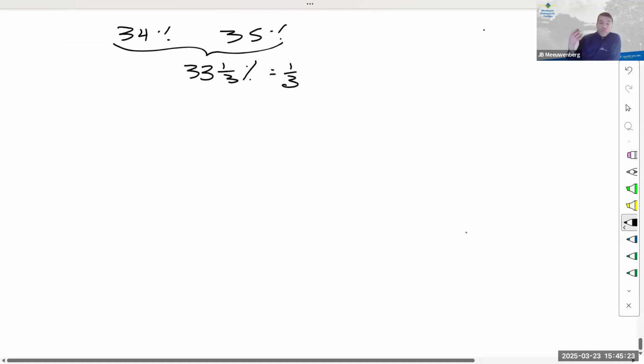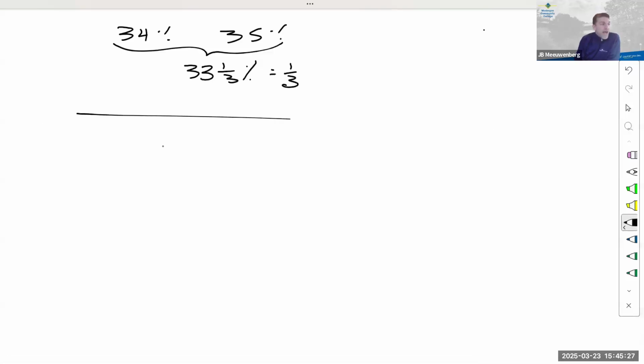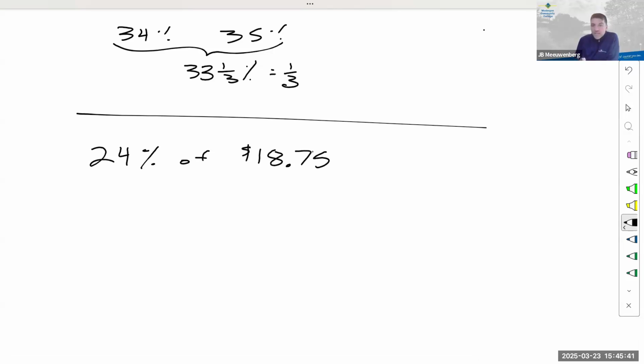Sometimes you need to replace both numbers that you're working with. For example, if you're asked to find, or you just need to say out in the real world, oh, I need to know approximately what 24% of $18.75 is. Well, you could say, I know that 24% is really close to 25%, and that is 1/4.